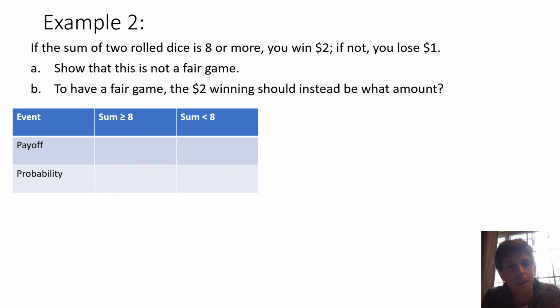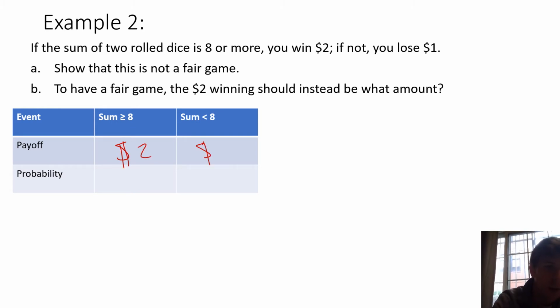All right, example 2. So you're rolling 2 dice. If the sum of the two rolled dice is 8 or more, you win $2. If not, you lose $1. All right. So I'm going to make my probability model again right here. The payoffs, we know if the sum is 8 or more, you win $2.